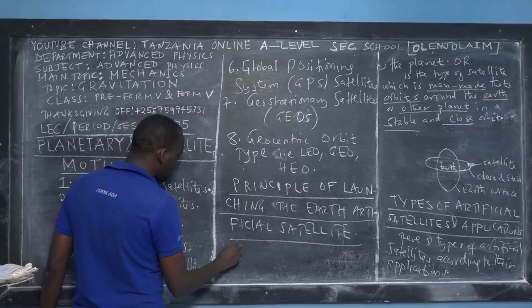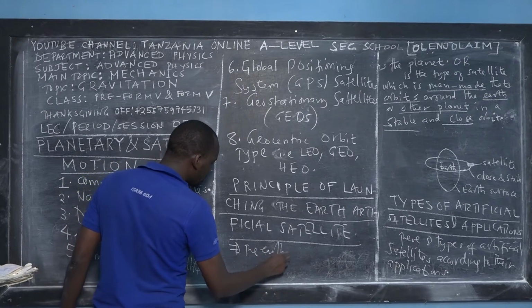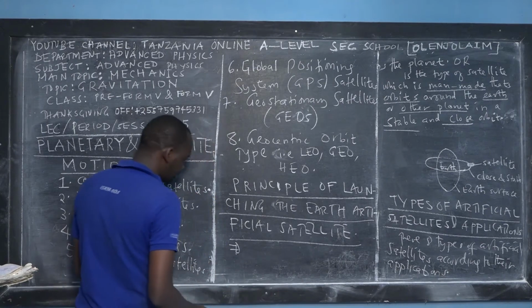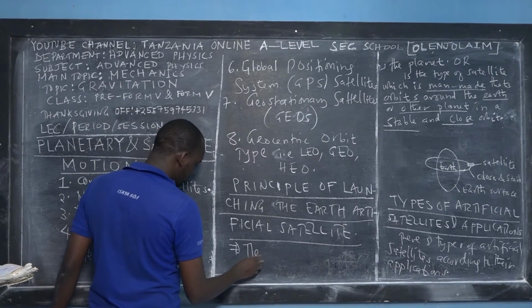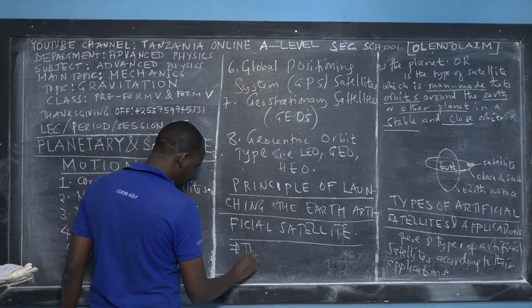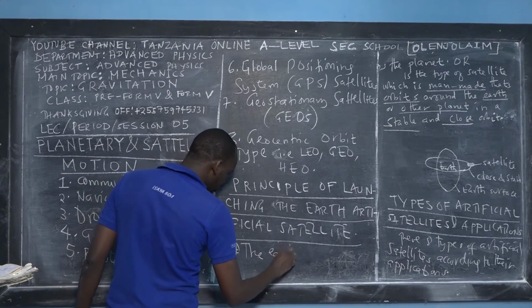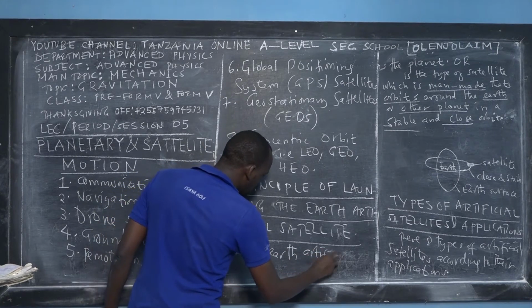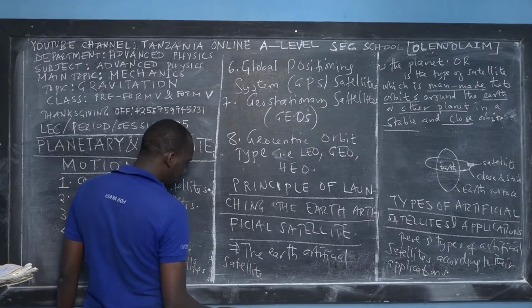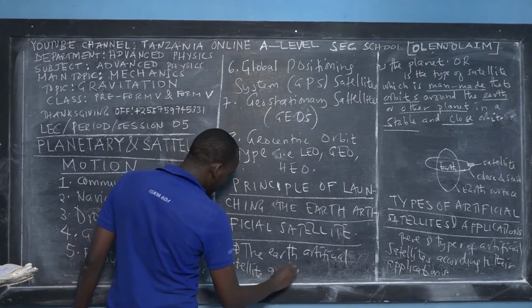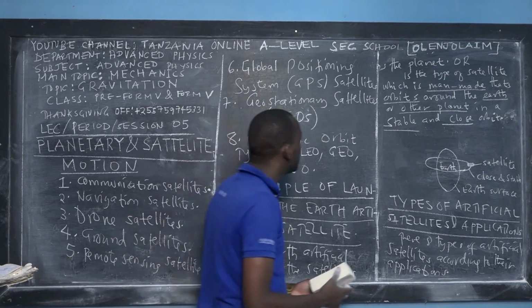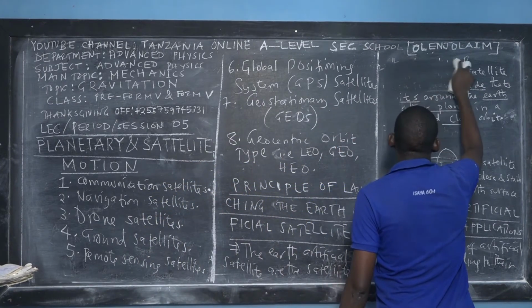So before I even explain the principle, you say that artificial satellites are the satellites that revolve or orbit the Earth.